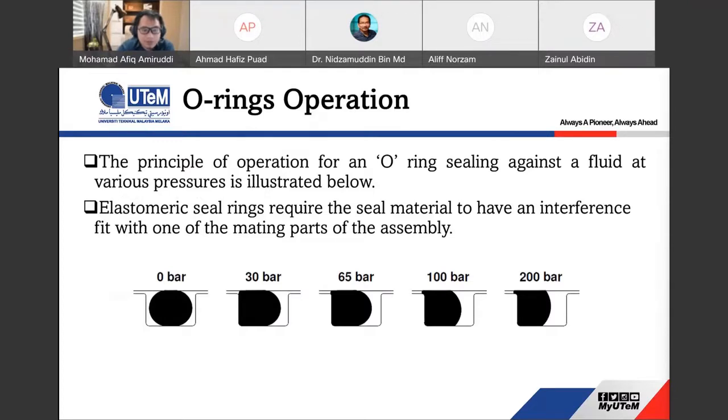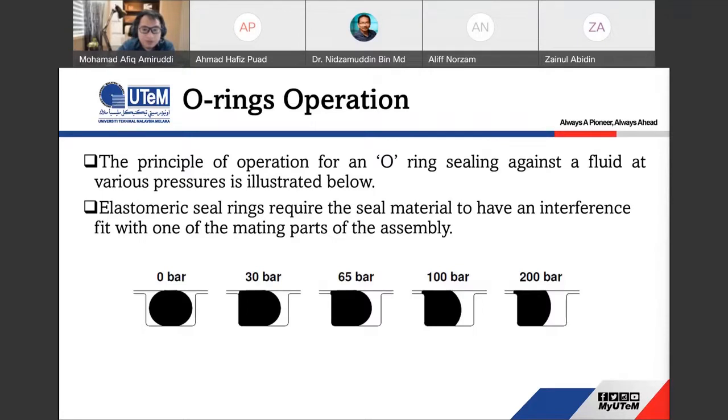So how does the O-ring operate? You can see that this is the O-ring, this is the groove, and this is the surface that compresses between the groove and the O-ring. From 0 bar, it doesn't affect the O-ring. When the pressure increases a little bit, from 0 bar to 35 bar, 65 bar, 100 bar, until 200 bar, the O-ring will start to extrude, like to stretch.